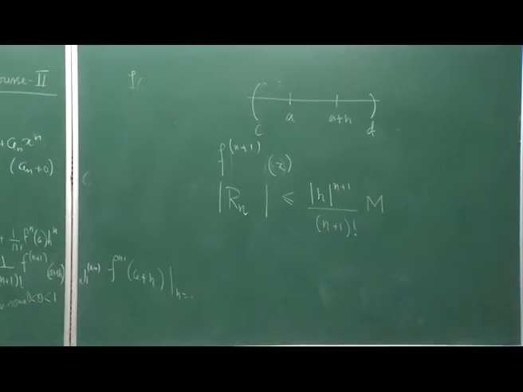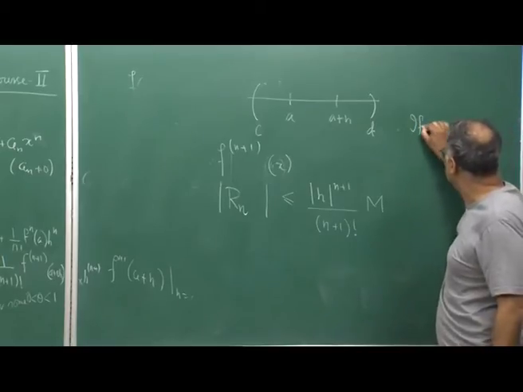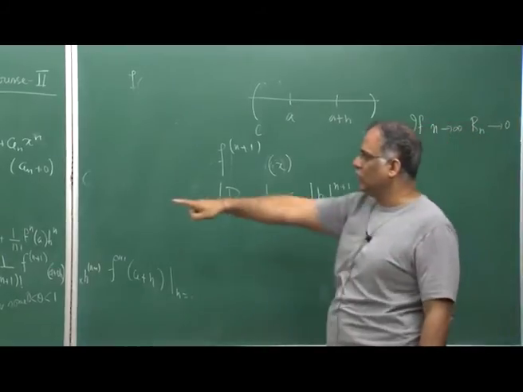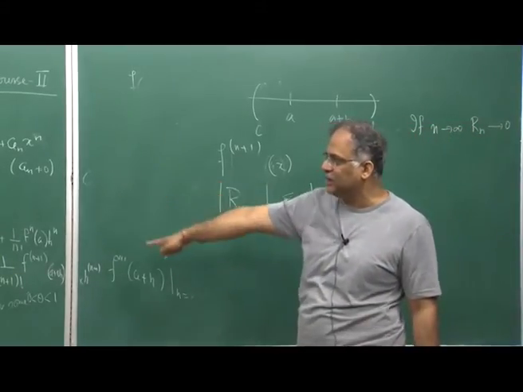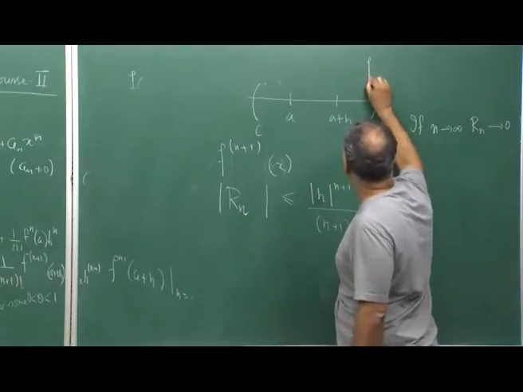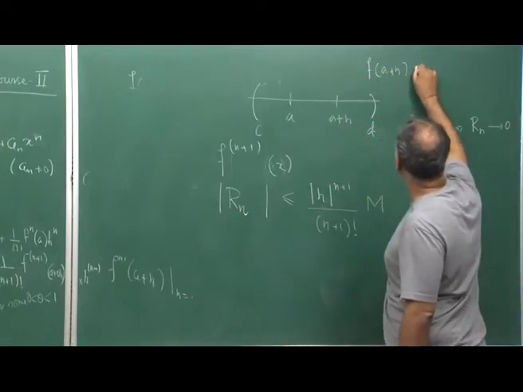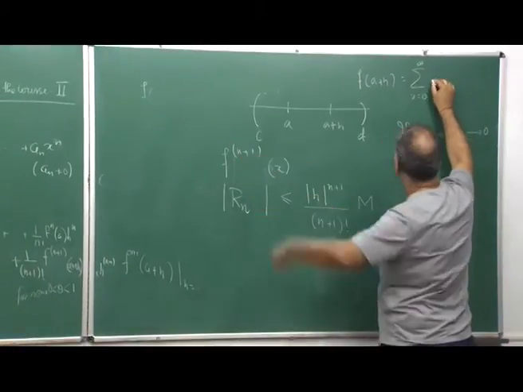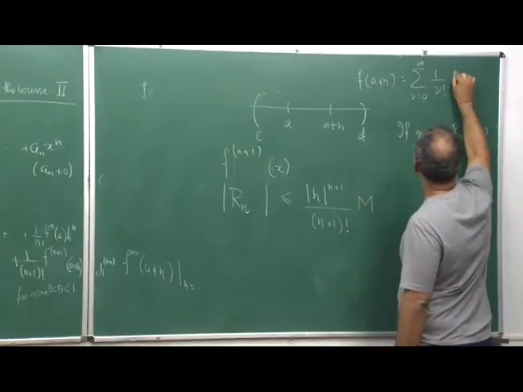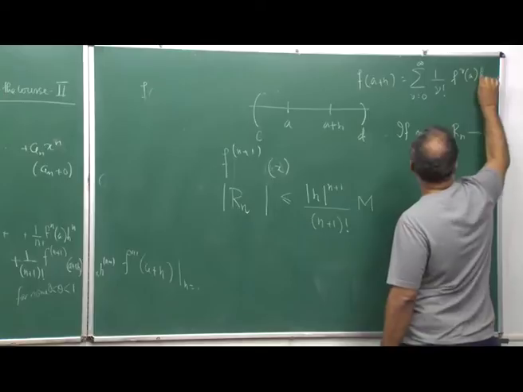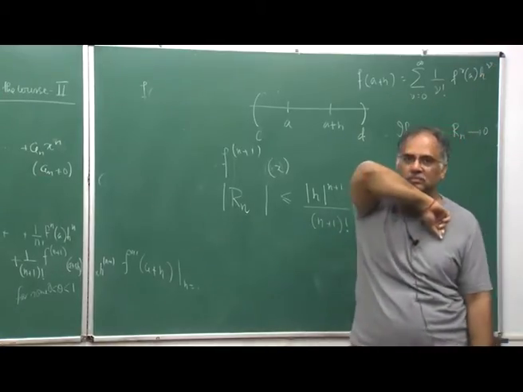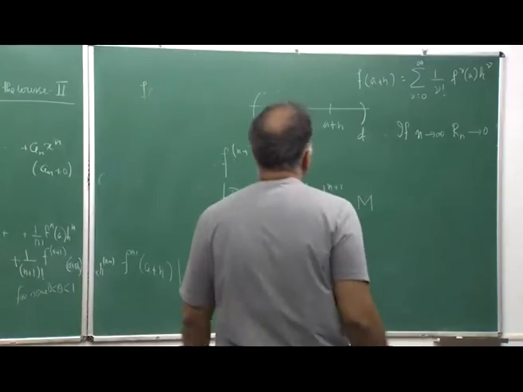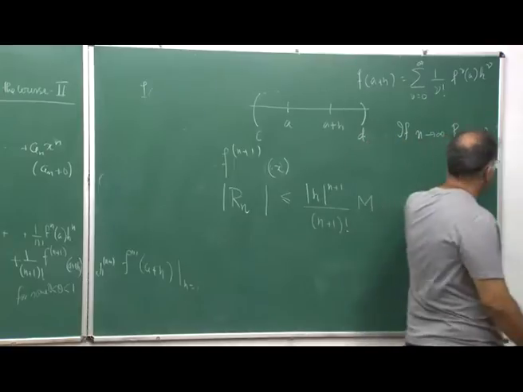Now if n tends to infinity and Rn goes to 0, then f(x) can be expressed as a Taylor's power series, that is, f of a plus h becomes the summation nu equal to 0 to infinity of 1 by nu factorial f nu a h nu. So it becomes a convergent series provided Rn goes to 0 as n tends to infinity.